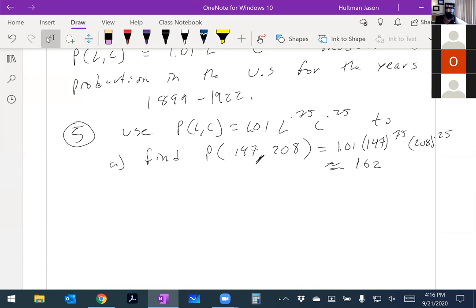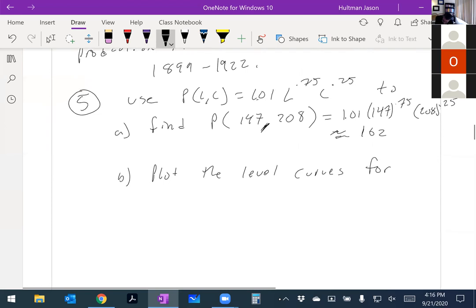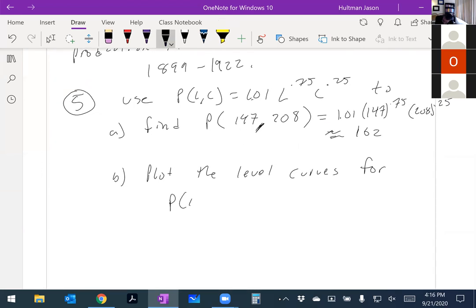Let's plot the level curves here for P of L and C equals 1.01 L to the 0.75, that's labor, C to the 0.25. And so what is it saying?